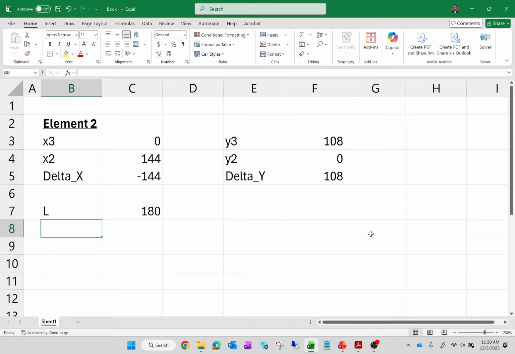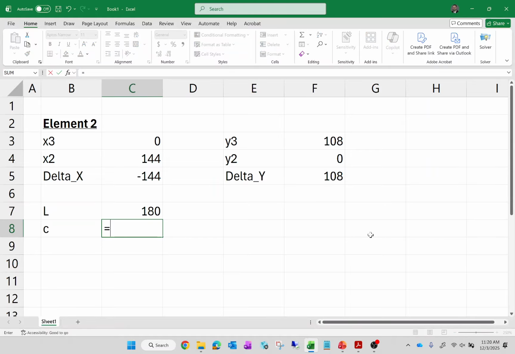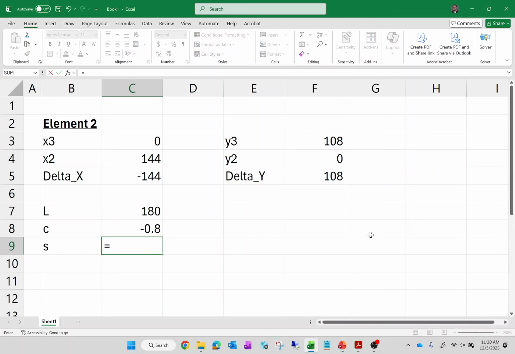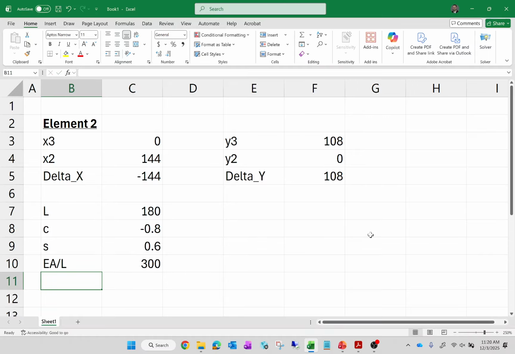There's my L. My C value is that. S is that. EA over L is that. Okay. Everybody with me on that? Okay. So I'm going to zoom out maybe just a little bit.